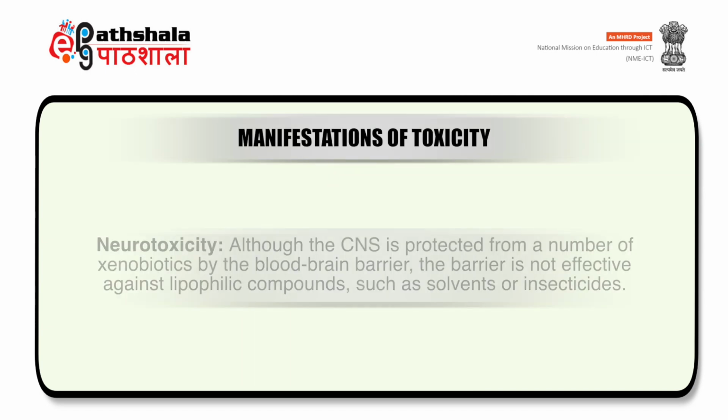Next is neurotoxicity. Unlike the other vital organs, the brain and nerves are well protected from exogenous substances. The central nervous system and peripheral nervous system are protected by the blood-brain barrier and blood-neural barrier respectively. However, these barriers are ineffective against highly lipophilic compounds such as solvents and insecticides.